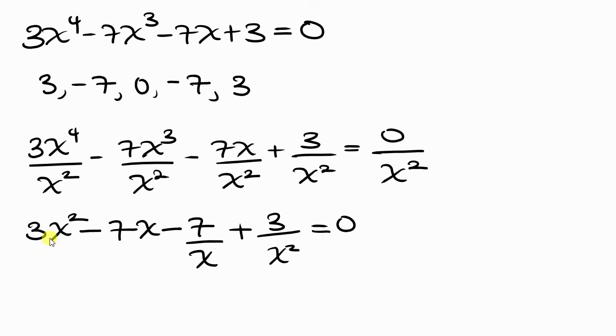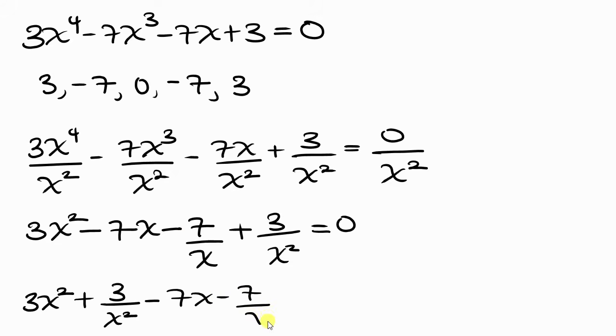Now we can rearrange this. This is 3x^2 + 3 all over x^2, and then we have minus 7x minus 7 all over x, to be equal to 0.